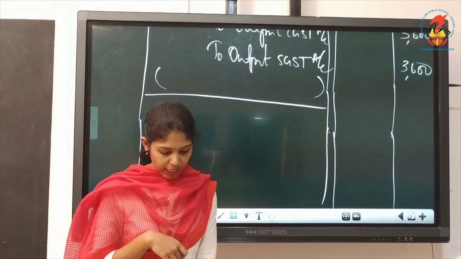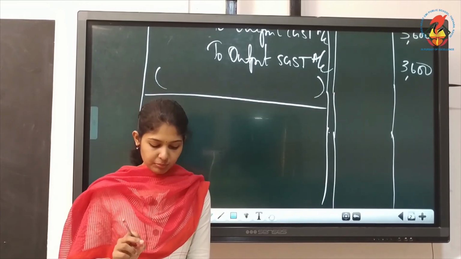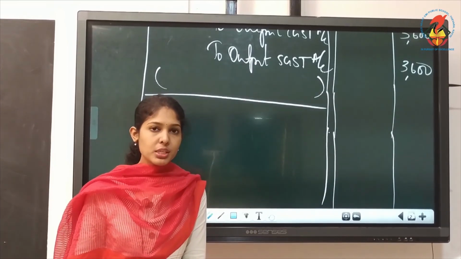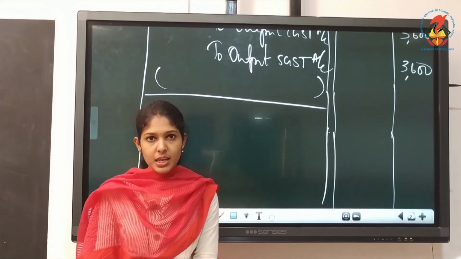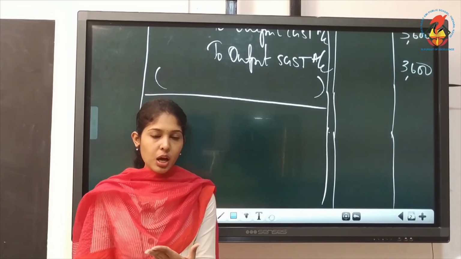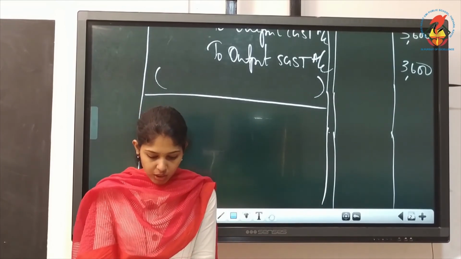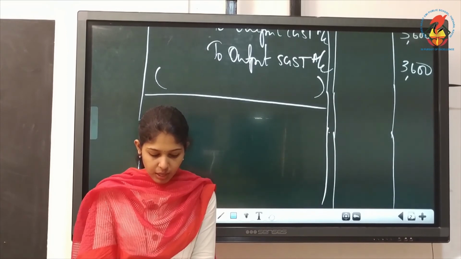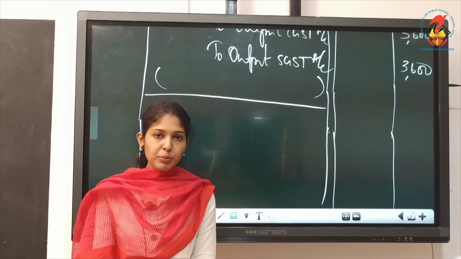Then the next one, April 7th, bought goods from Surya. If the name is mentioned, it means the transaction is on credit basis. That means, are we paying the cash now? No. So don't write to cash, you must write to Surya. And the place is mentioned, Kanpur, Uttar Pradesh.